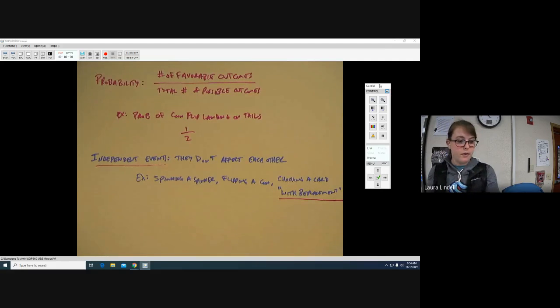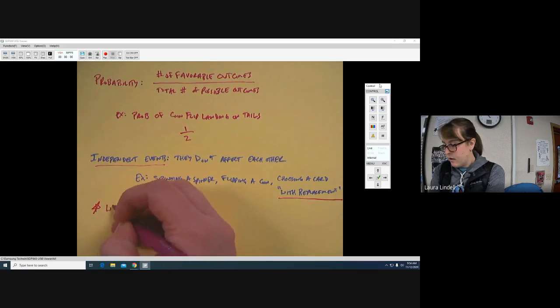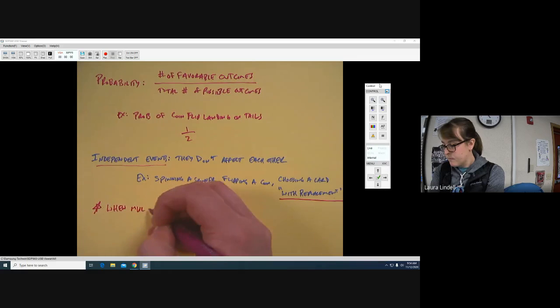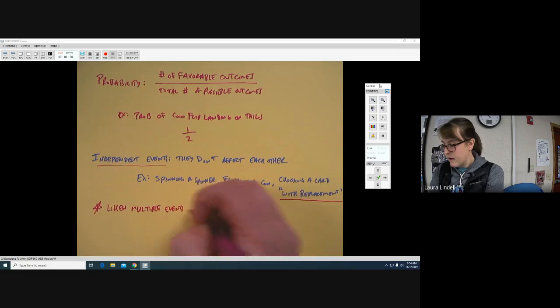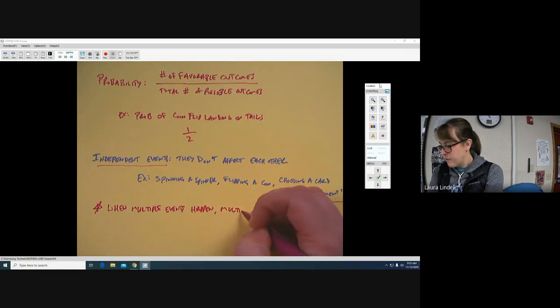And so here's how they work. When multiple events are happening, you multiply their probabilities to find the probability of both of those things happening. So here's the big important idea here. When multiple events happen, multiply their probabilities.